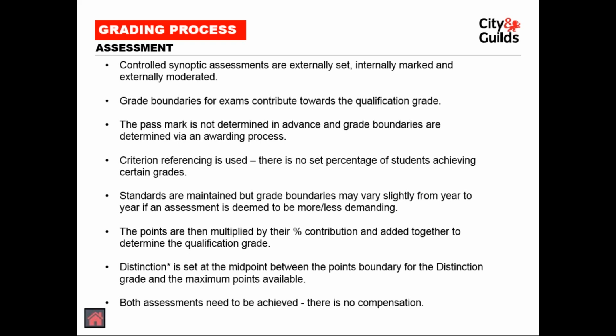I'm aware most schools would be familiar with the norm referencing model and the uniform mark scale. Although standards do stay the same, the grade boundaries may alter slightly if an assessment is deemed to be more or less demanding that year.